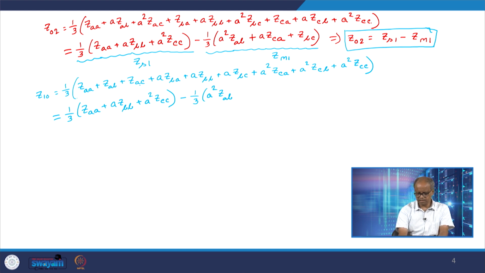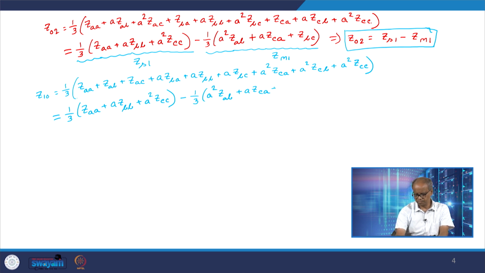Then ZAC and A square ZCA. So 1 plus A square is minus AZCA. So this is plus AZCA, and then I get AZBC and A square ZBC.